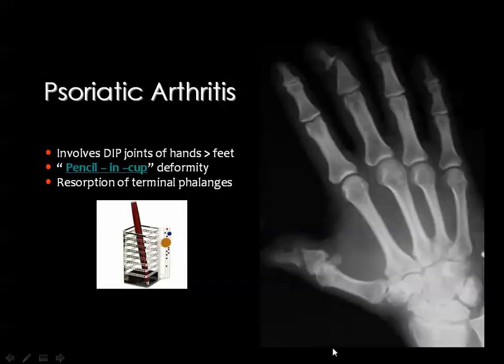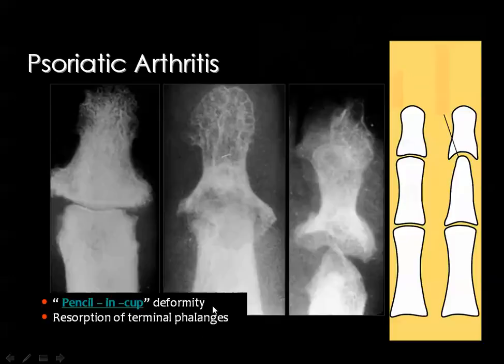Then there is a peculiar manifestation of this type of erosion, and it produces a very characteristic deformity which is known as the pencil-in-cup deformity. In time you get resorption of the distal part of the phalanx and widening of the base of the terminal phalanx, giving an appearance similar to a pencil in a cup.